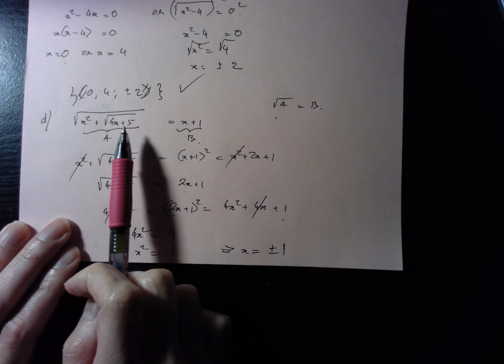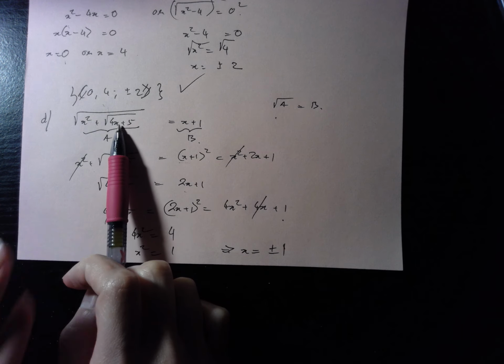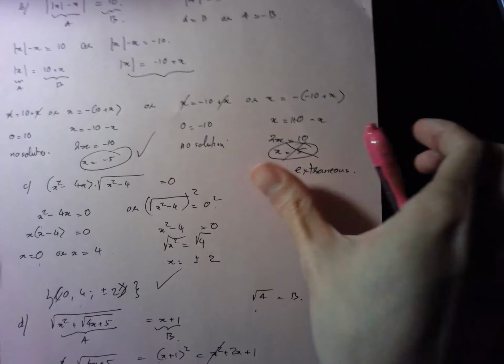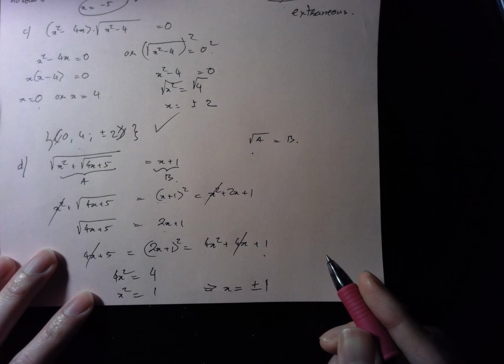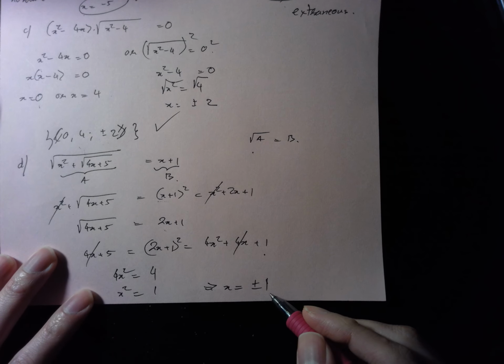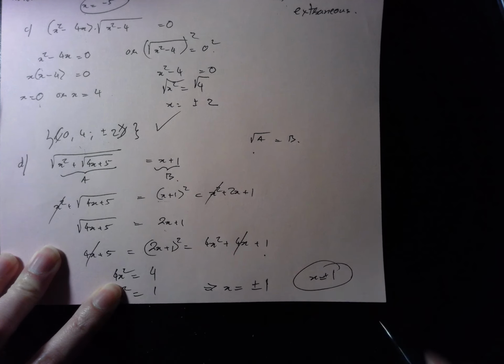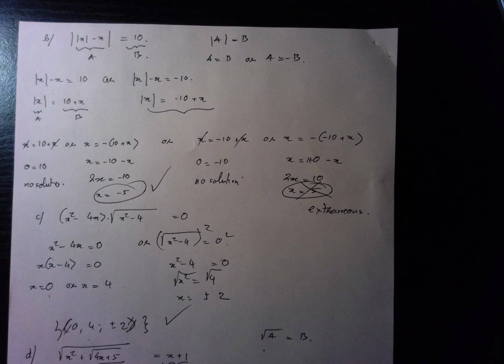This gives you 2. This gives you 3, right? 1 plus square root of 9 gives you 3, and 3 plus 1 is 4. Square root of 4 is 2. So it looks like positive 1 is correct, but the negative 1 doesn't work. Okay, so your answer is just x equals 1. Okay, that is for question number 2.